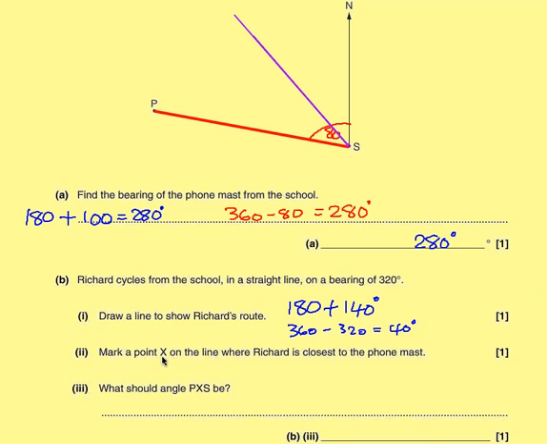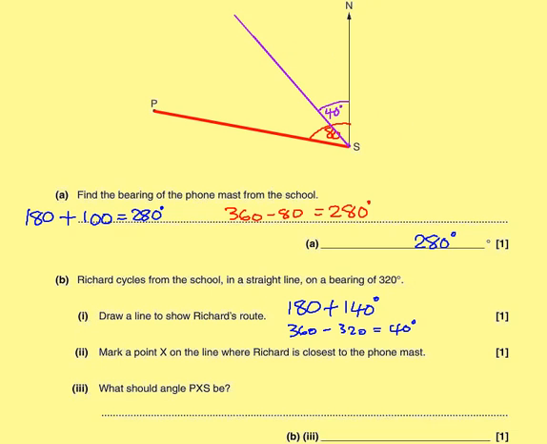Part 2 says mark a point X on the line where Richard is closest to the phone mast. So we've established that this is our 40 degree angle here, so that's on a bearing of 320 degrees.